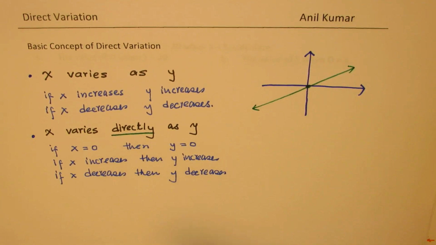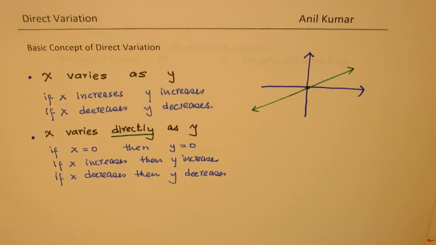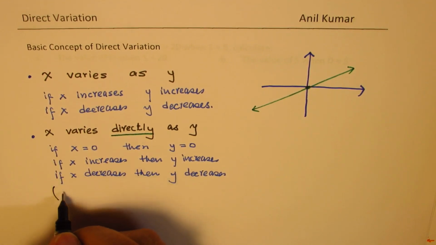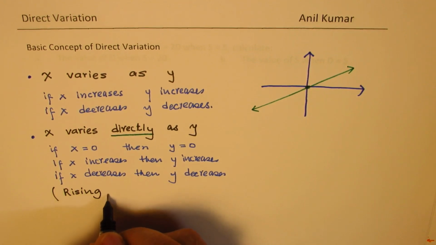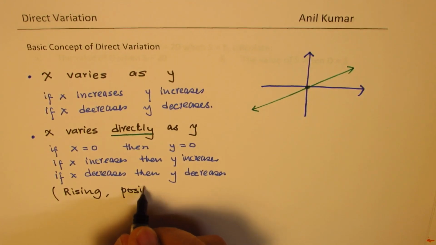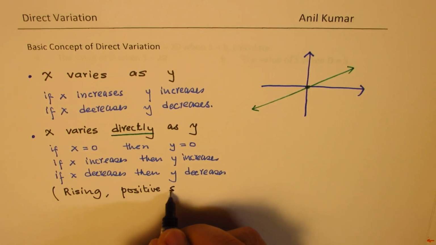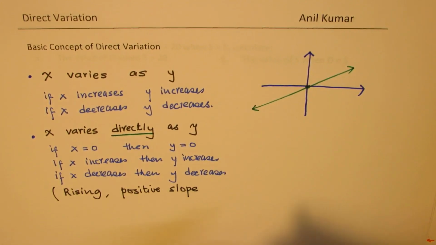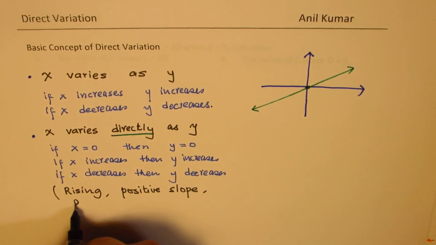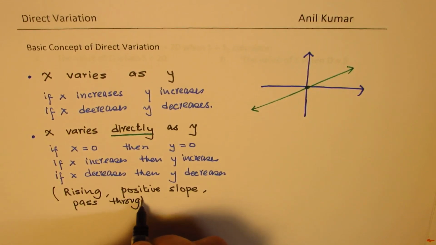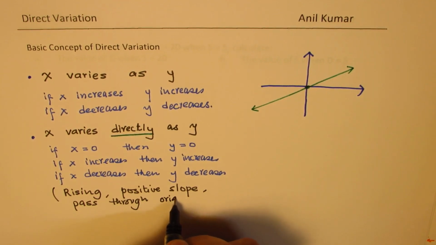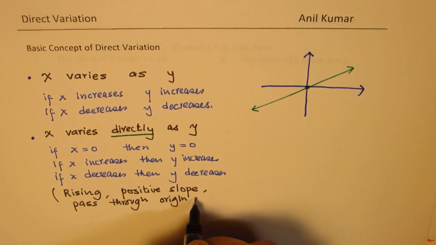So the line which goes through the origin will be rising. So we have a line which is rising, with positive slope, and it will pass through the origin.